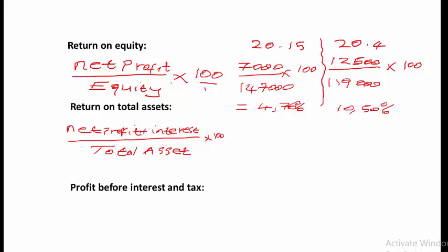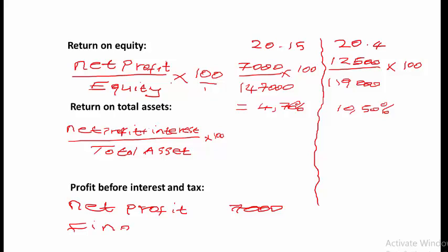So right now we are going to carry on and calculate for 2014 and 2015. Before we calculate this, we are going to make a small calculation at the bottom where we add our net profit with our interest. Our net profit is 7,000, right? And our finance cost is yet to be seen, but we know for a fact our net profit is 12,500 in 2014.